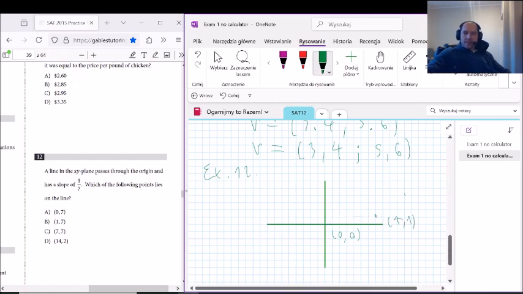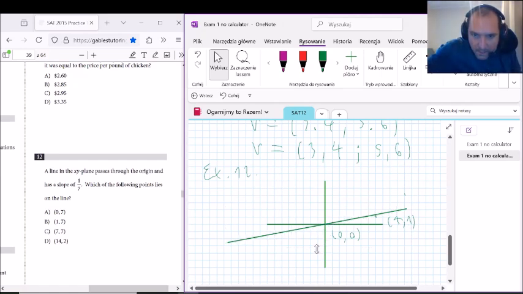So this is our line. Well, maybe something like this. Maybe a little bit higher. I think it should be lower here.